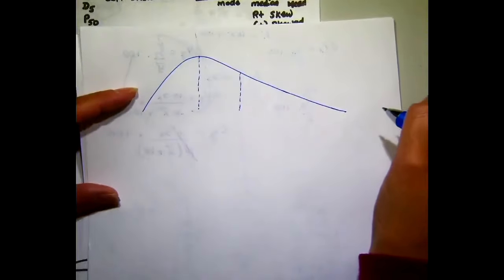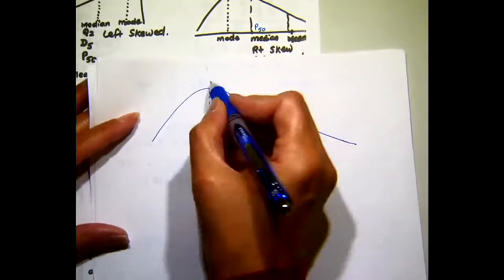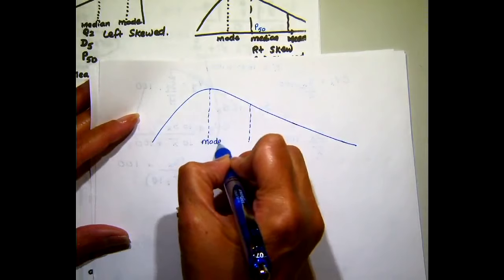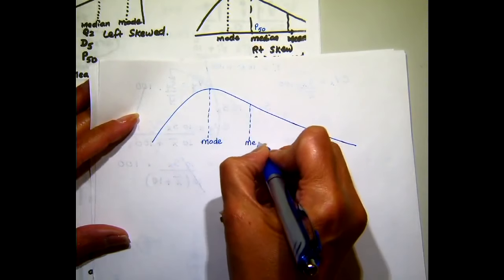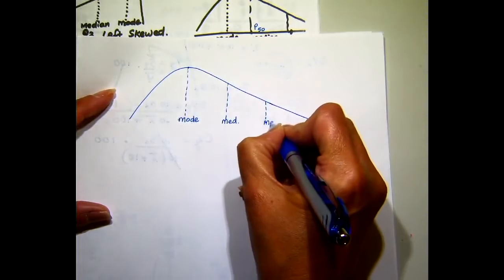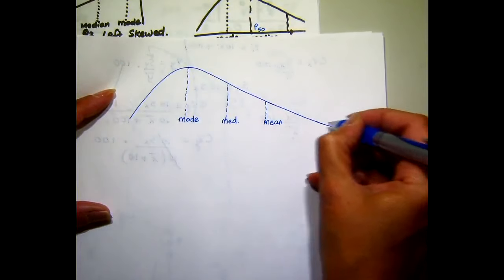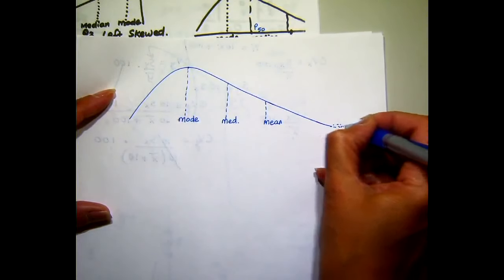But it is the mean that is not robust, so the mean will get dragged up in the direction of the outlier. So that's why it says here, the mode, which should be here at the highest point, then you would have the median, and then the mean. The mean, unfortunately, gets dragged up by these high values.